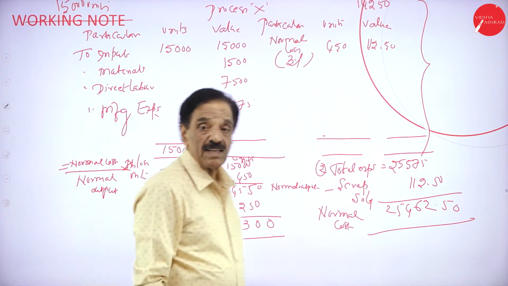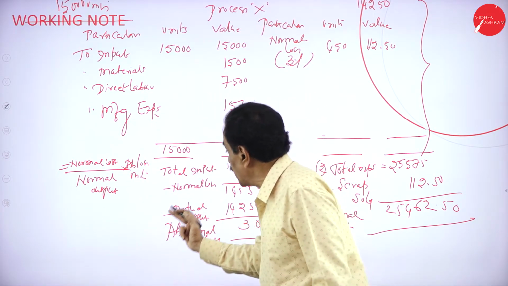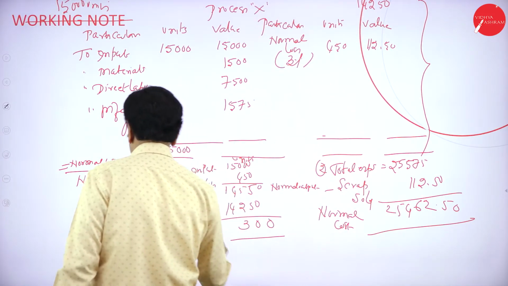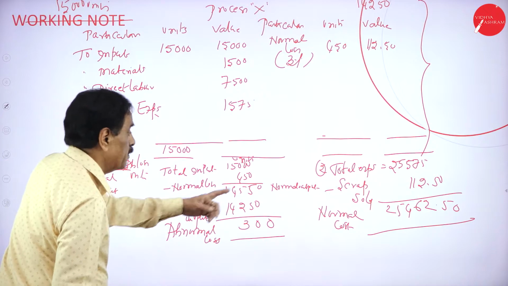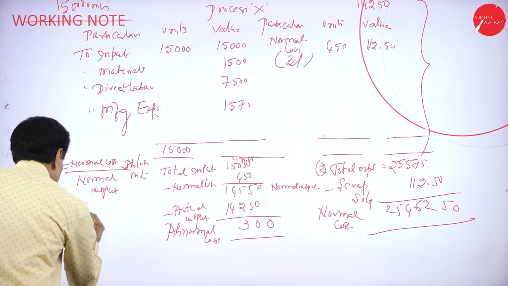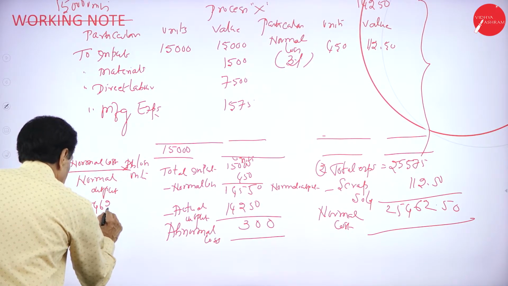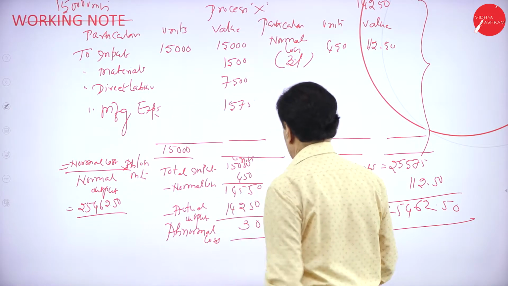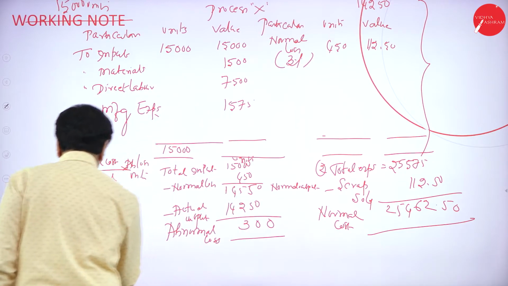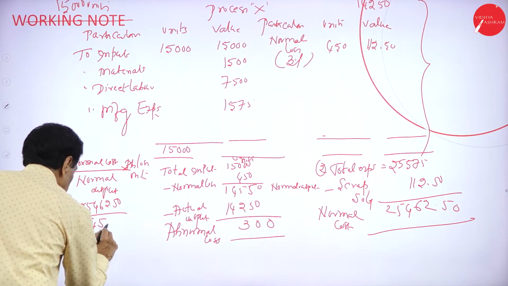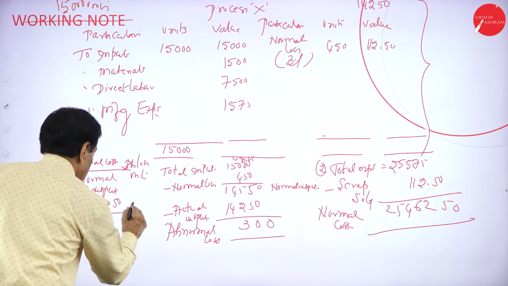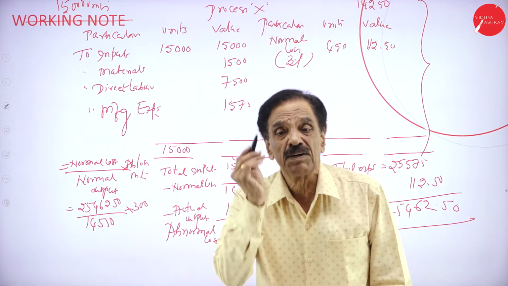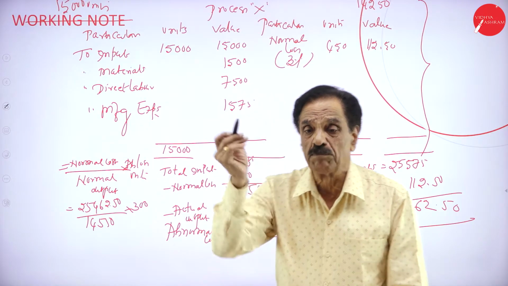What's your normal cost? 25,462.50. What's your normal output? 14,550, into 300. What's your formula? Normal cost divided by normal output multiplied by abnormal units.